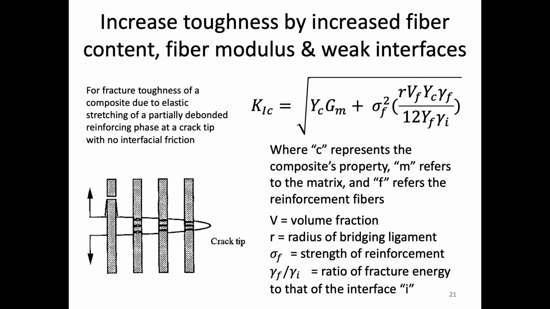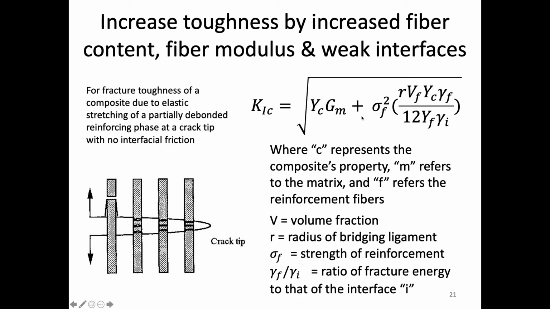All right, so here's sort of the defining equation for composites, particularly related to crack bridging, and how we can use that to increase the toughness. So this is the K1C, so the toughness of this material, and it's related to a number of different factors here. So let me just sort of walk you through what this all means. When you see the subscript C, like here, that refers to the composite's property, so the entire composite, every material.